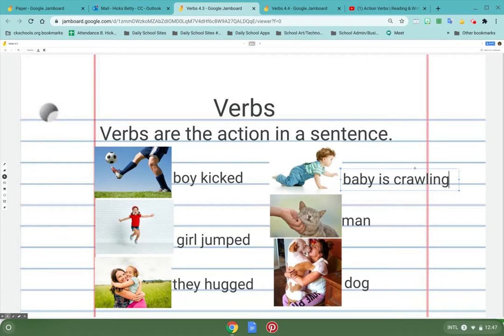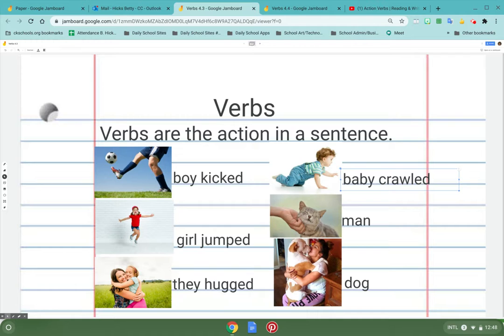So is is actually part of the action verb right here. So baby is crawling, or I could say baby crawled. All right, baby crawled. Now I turn it into the sentence and I say the baby is crawling across the kitchen floor. See how I do it?